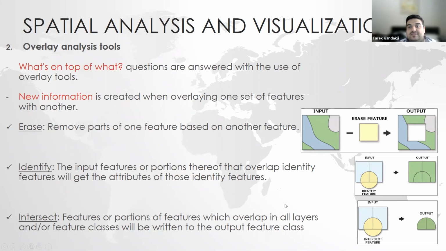And this is helpful when you want to erase something. Like let's say you have a map of Egypt with the governorates, and you want only the cities that have a certain population, and you just erase that, and you have a map of the cities with high population.